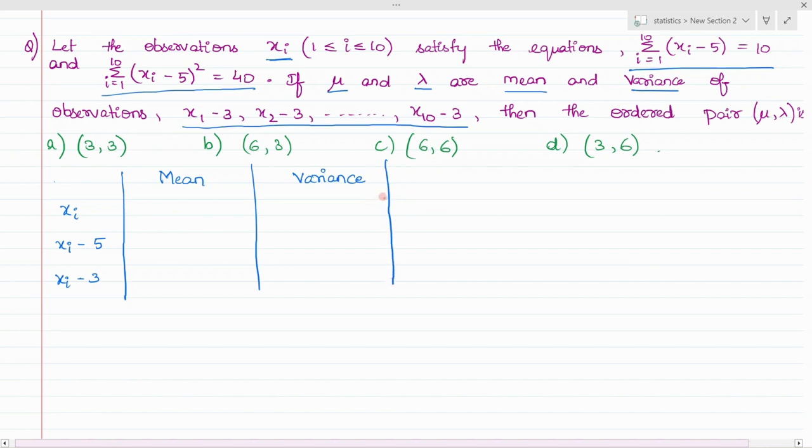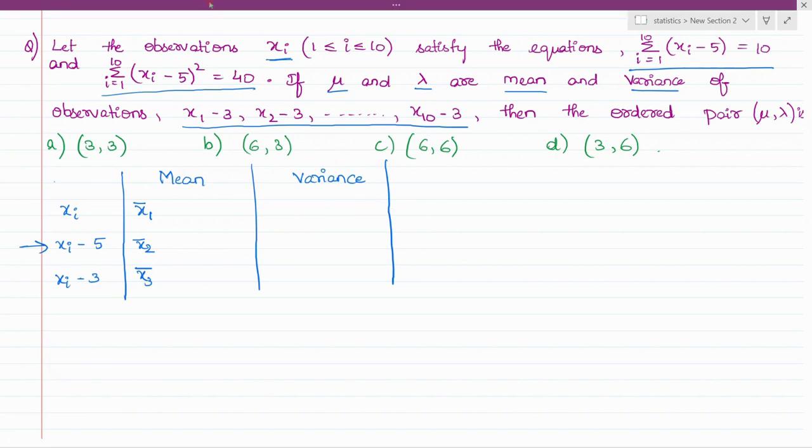What values are given to us? The values related to xi minus 5. For this second type of data observation, the values are given. So let's use it. So this will be mean 1, mean 2 and mean 3.